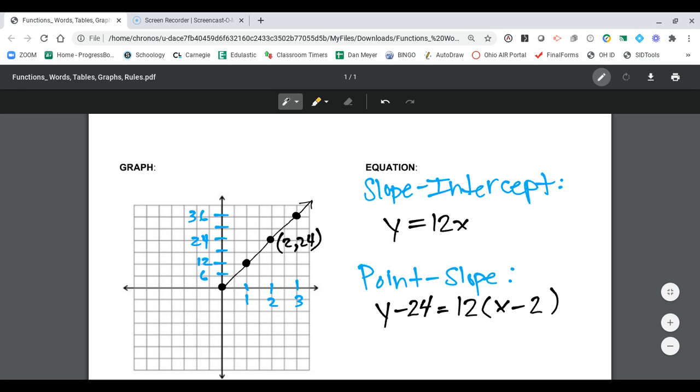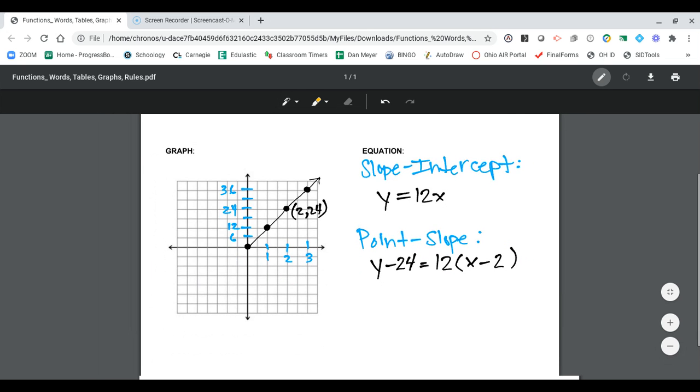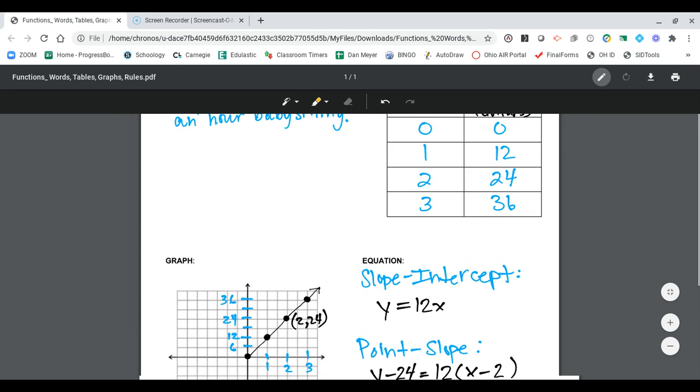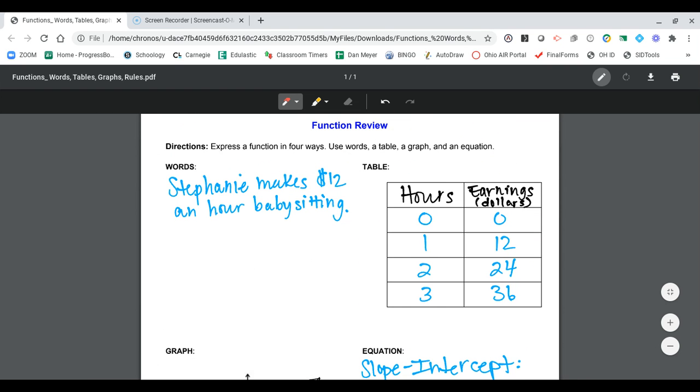Okay? If I zoom out a little bit, say I was a little confused about writing my equations from the graph. What if you were asked to write them from the table? To find your slope, you'd figure out the change in y over the change in x.